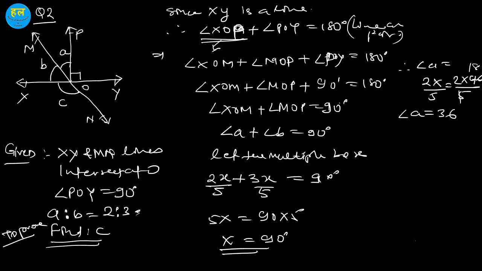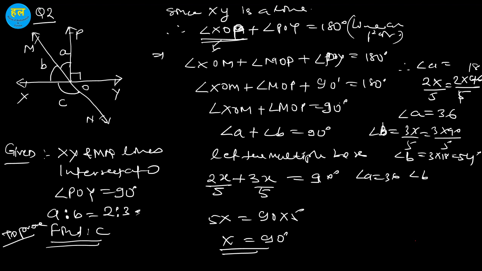Angle A is equal to 36 and angle B is equal to 3x upon 5 is equal to 3 into 90 upon 5, 3 into 18 is equal to 54 degree, angle B. So we got angle A as 36 degree and angle B as 54 degree, right?